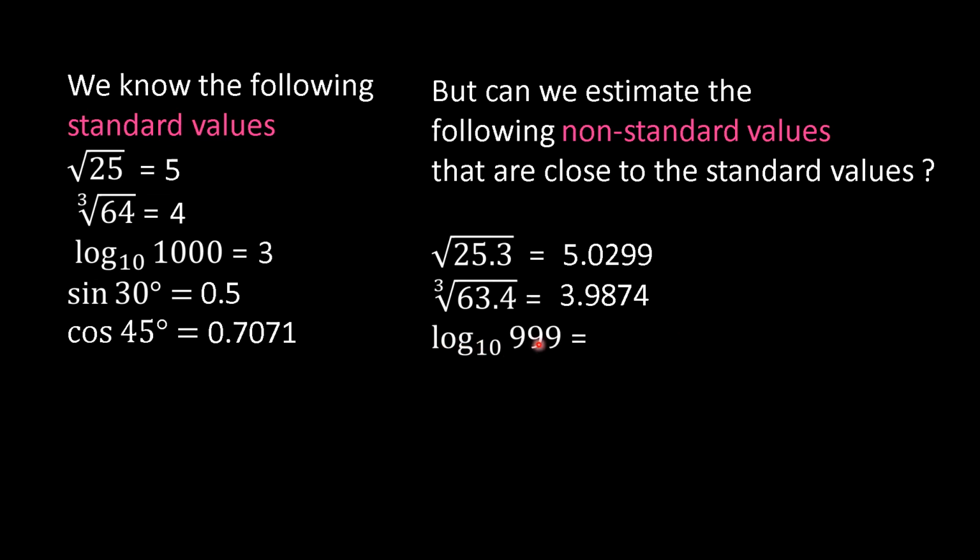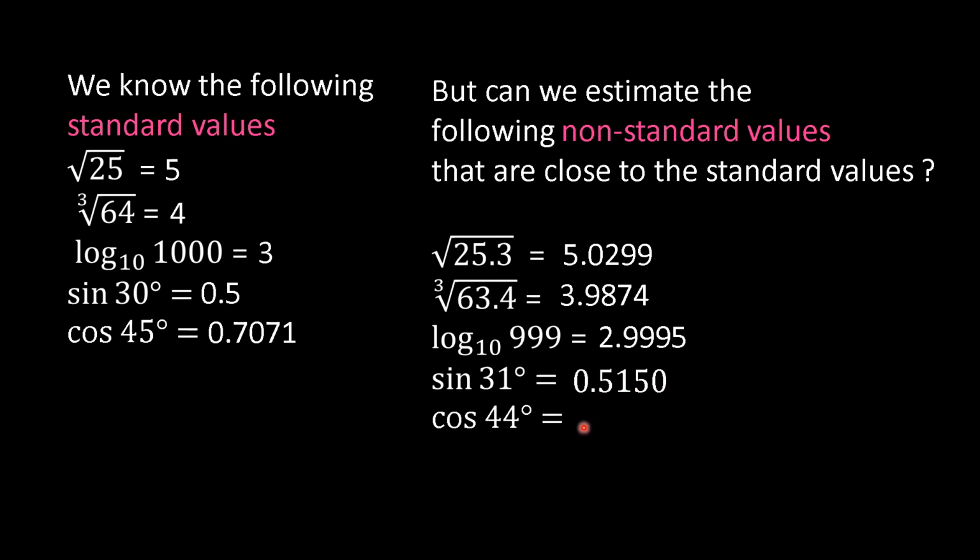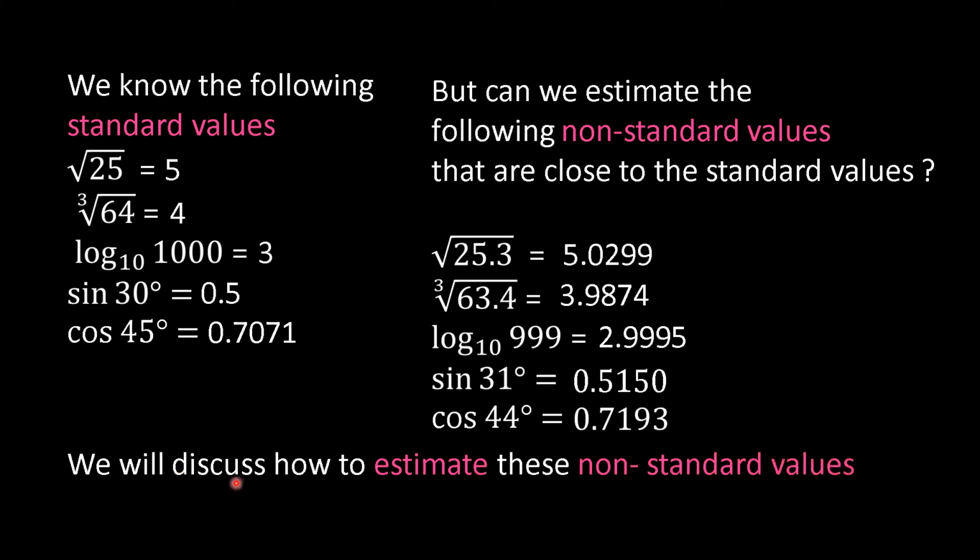Log of 999 to the base 10 will be close to 3, but it will be 2.995. Sin 31 degrees will be close to 0.5, but it will be 0.5150. Cos 44 will be close to 0.7071, but it will be 0.7193.